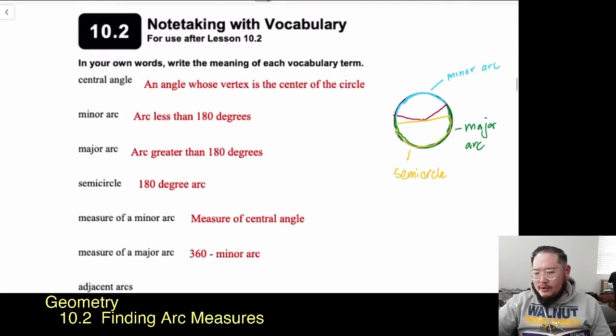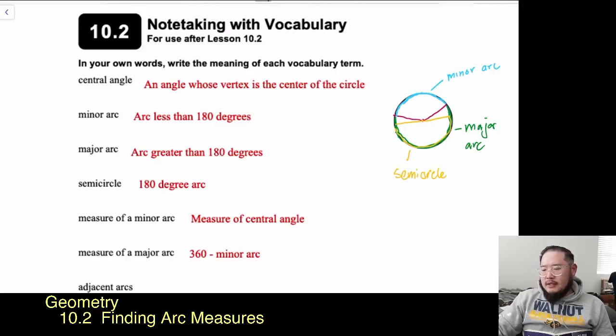So important to know right here is the measure of the minor arc. What is that? That's going to be the measure of the central angle. Because we're going to talk about a few other arcs later on in the chapter. But whatever the arc happens to be, like the one in red, that would end up being the measure of the central angle.